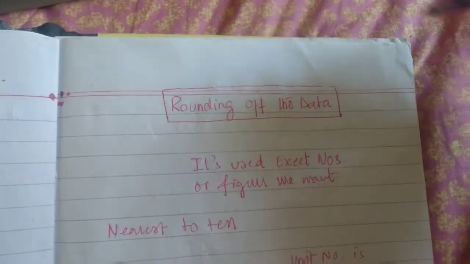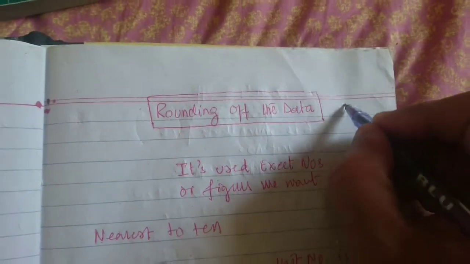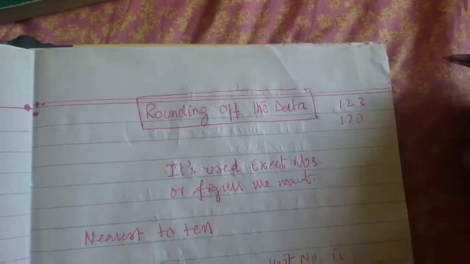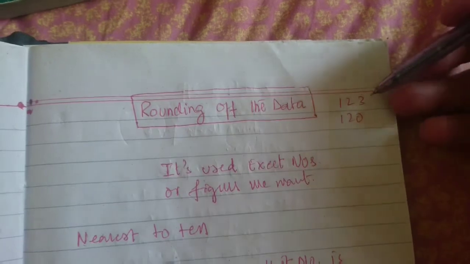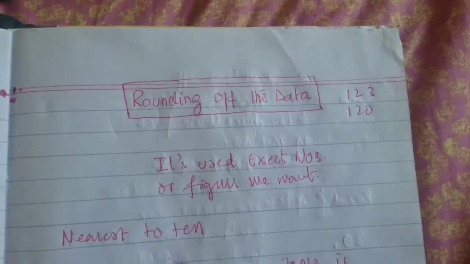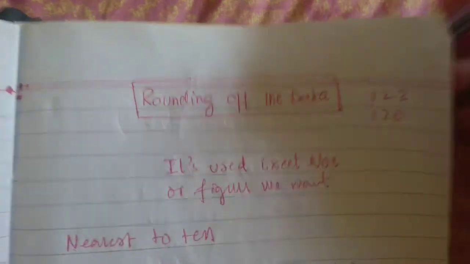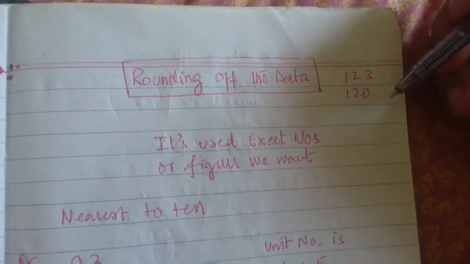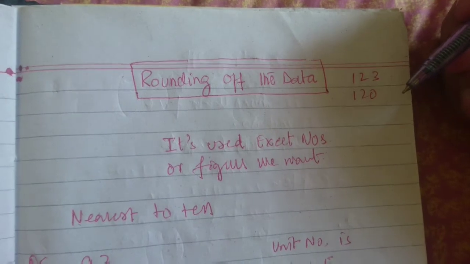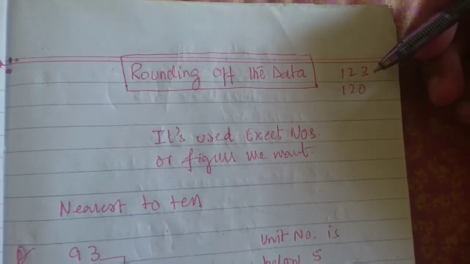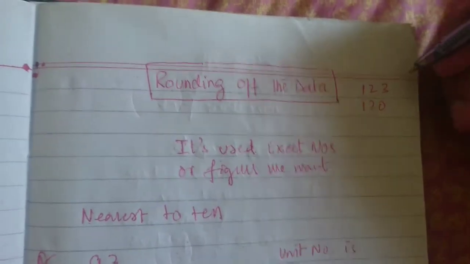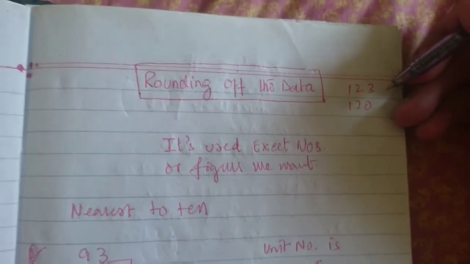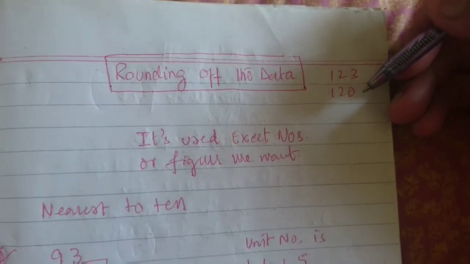I mean, if I have a number like 123, or if I say 120, suppose I'm an athlete and I used to run 100 meters, but this time I'm going to run 123 meters. Is it possible for a listener to be notified of 123 meters, or is it good enough to listen to 120 meters?